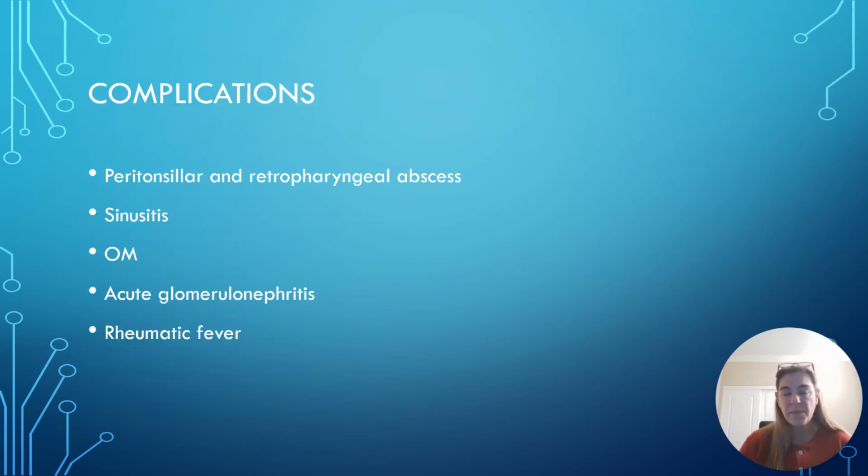Complications of scarlet fever can include peritonsillar and or retropharyngeal abscesses, sinusitis, otitis media, acute glomerulonephritis, which we'll talk about later, and also, as we talked about in acquired cardiac diseases, rheumatic fever. So with undiagnosed or untreated strep infections, you can have these complications, especially rheumatic fever.